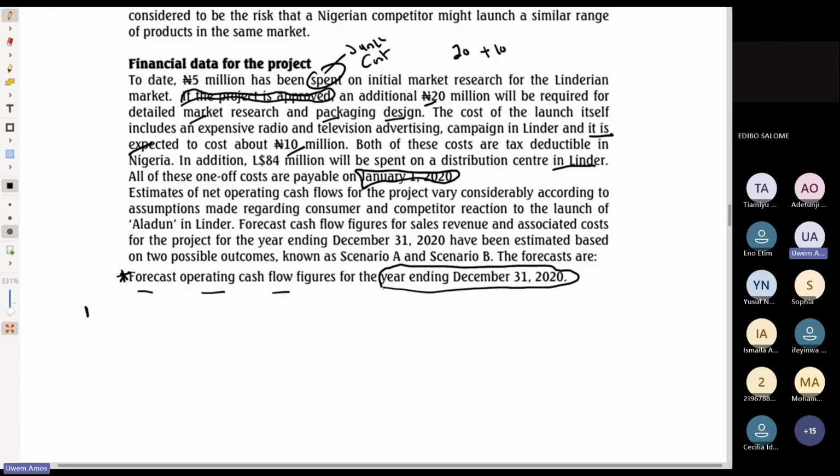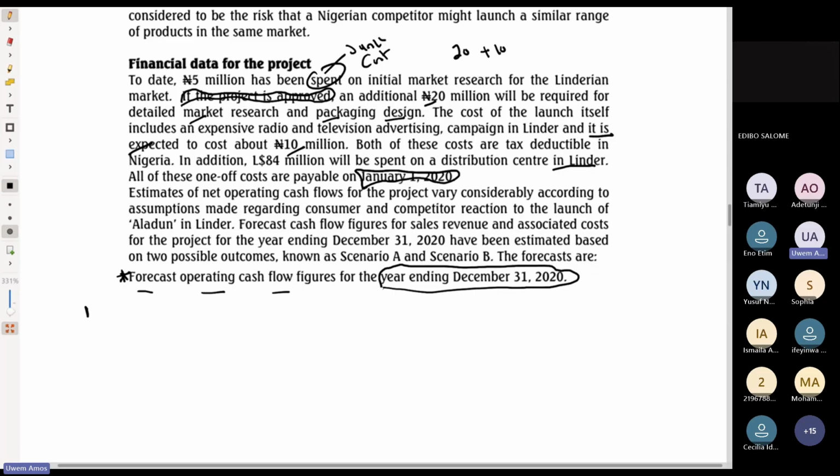We have those additional costs that are tax deductible in Nigeria. So they are not tax deductible in Linda, they're tax deductible in Nigeria. These are costs that Linda will incur for advertising and radio, but they're tax deductible in Nigeria.